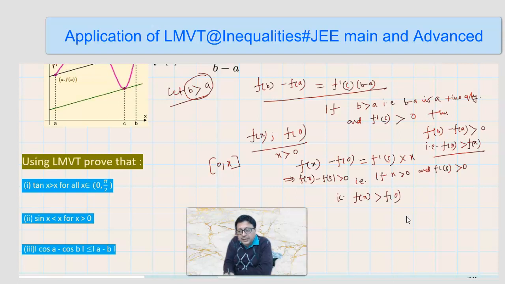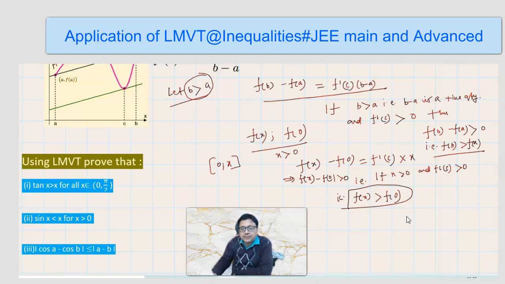So the values of the function at 0 and x can be compared by using Lagrange's mean value theorem. In most cases the interval will be given. If the interval is not given, you assume the interval in this manner.